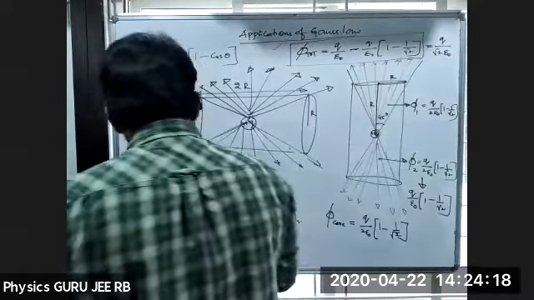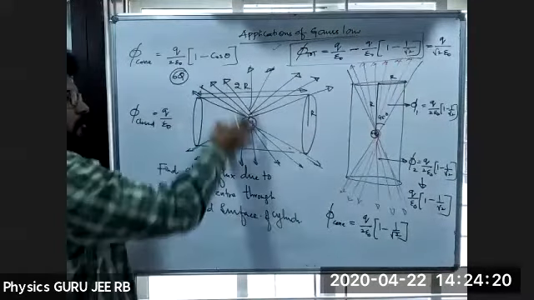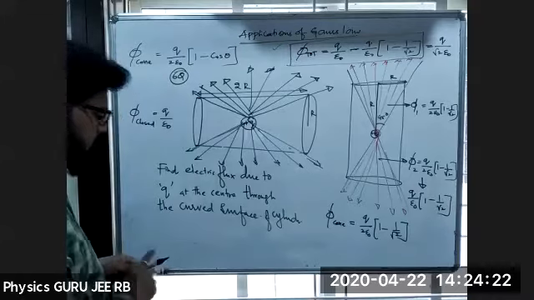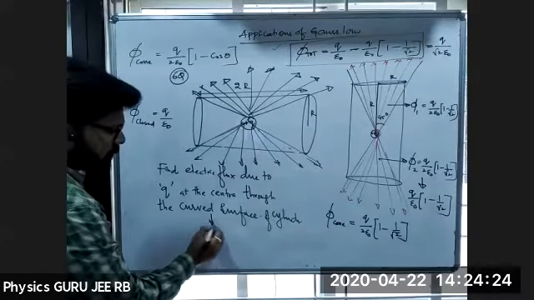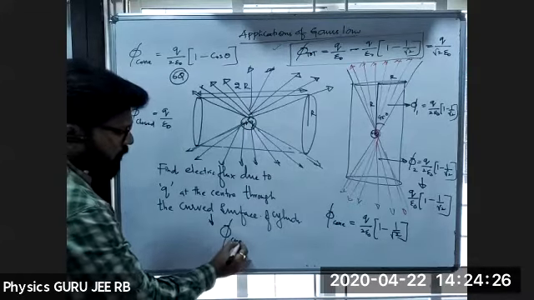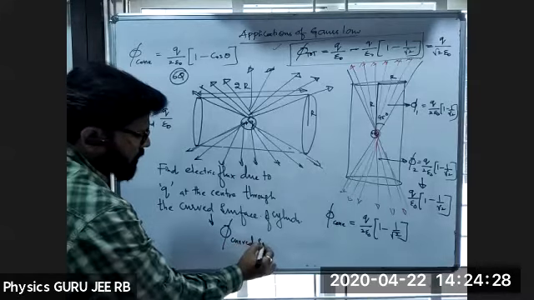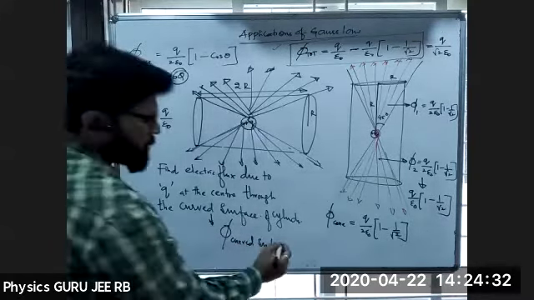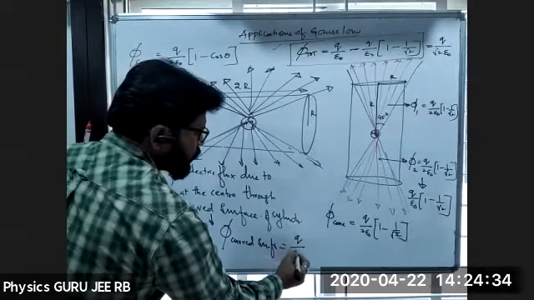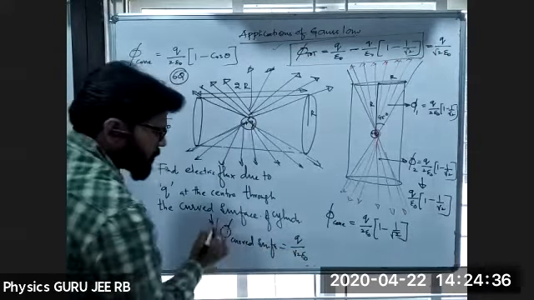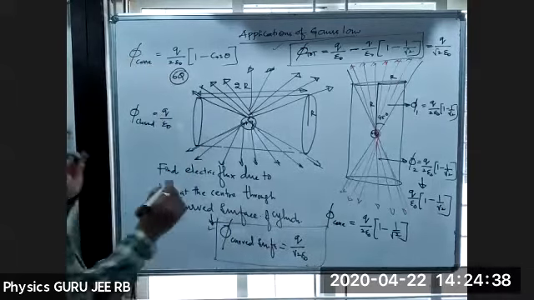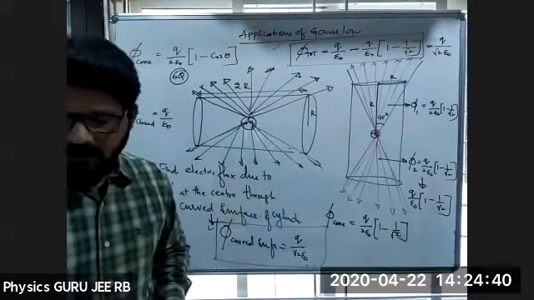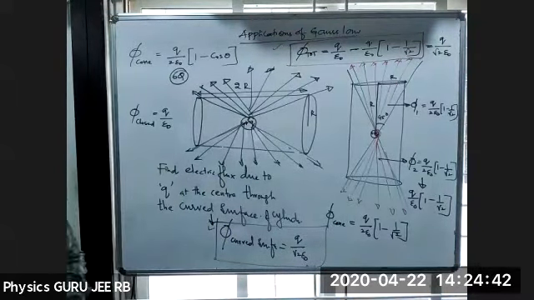This is the required flux which is coming out from the curved surface. The flux through the curved surface can be written as Q by root 2 epsilon naught. This will be the answer for that question. This is the way that you can calculate it. Take a screenshot.